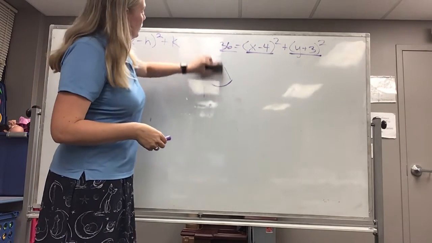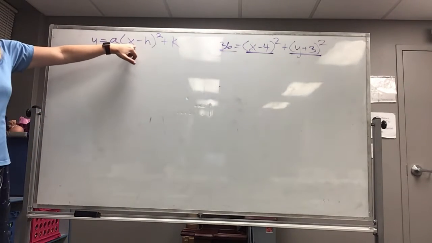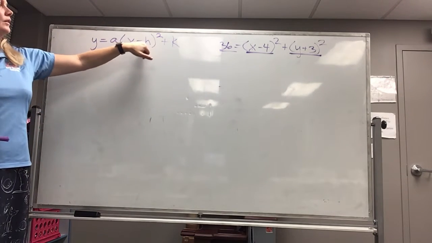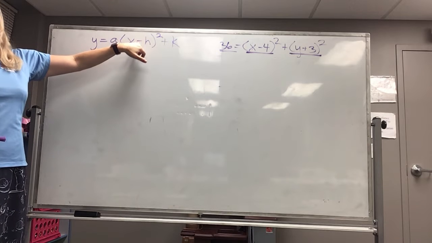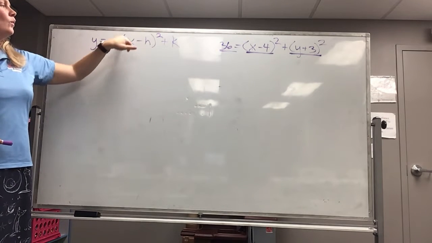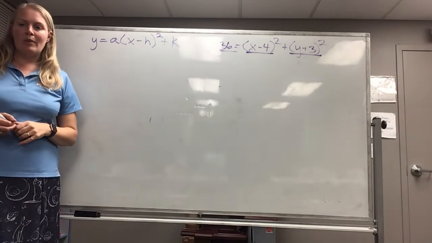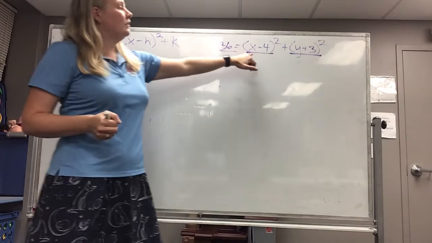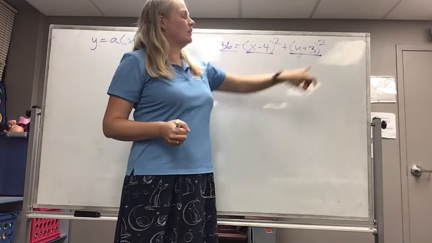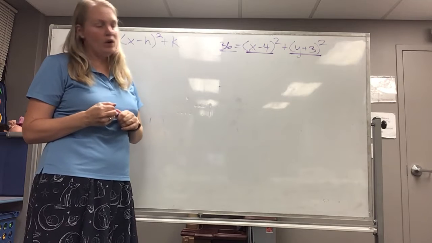So the reason I brought up the parabolas is because in this element we have this x minus h, or in other words, what makes this 0 was the coordinate of a parabola. What makes these 0 is going to give us the coordinate of the center of our circle.